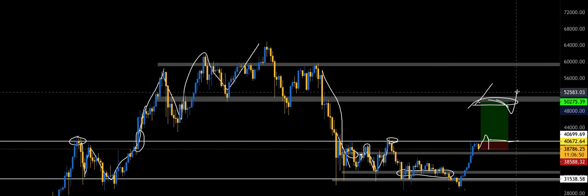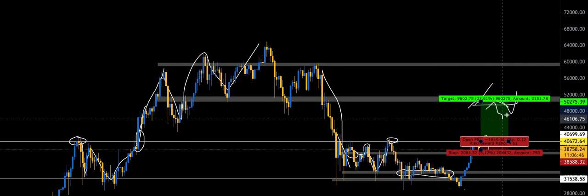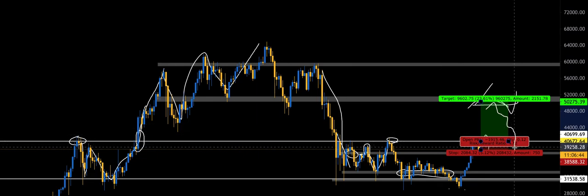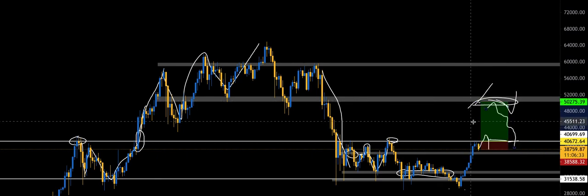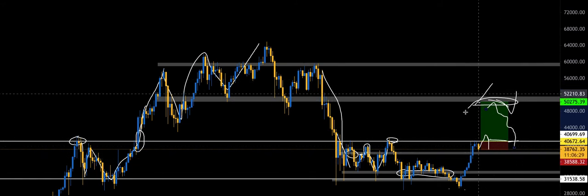Even if it breaks through, at the first attempt it might go back, or even worse, it can go lower and even hit our stop loss. That's why we set our profit target on the next strong resistance zone. So this is an example of one of our trades that we are looking to enter.